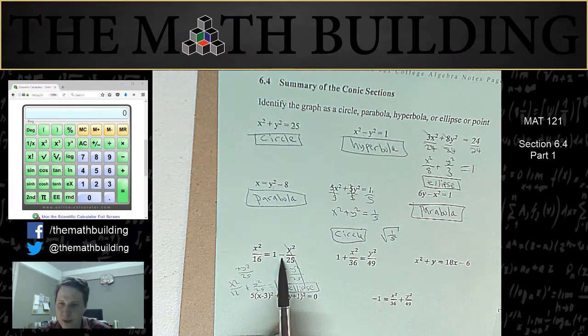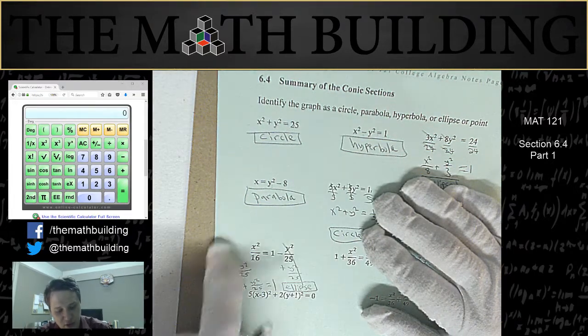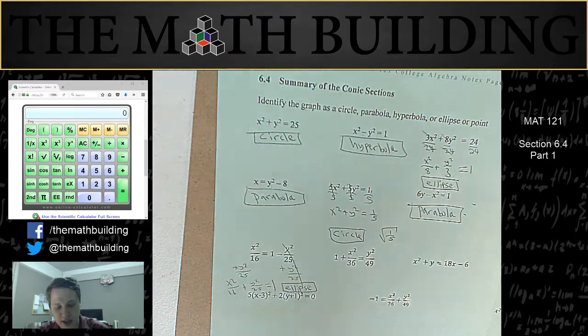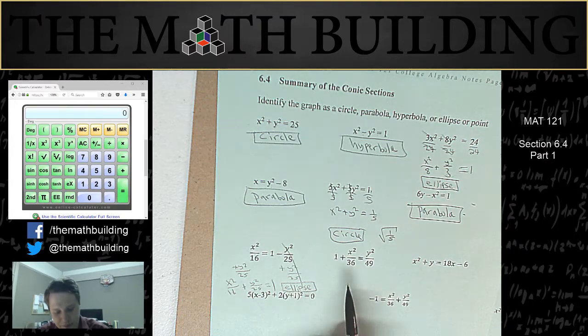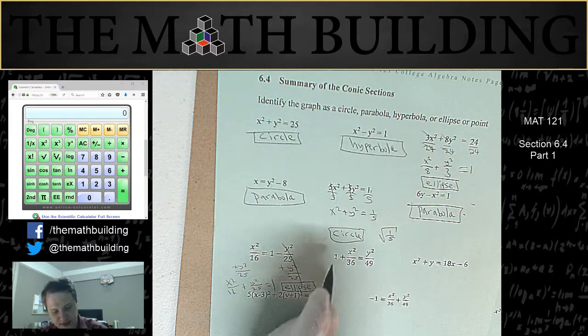Don't think it's a hyperbola just because you see that minus sign and you think, oh, it must be a hyperbola. Remember, we need the 1 to be by itself. So move this over, and then you can see that it's actually an ellipse because it turns to a plus when you move it over. Same thing over here. We need 1 by itself.